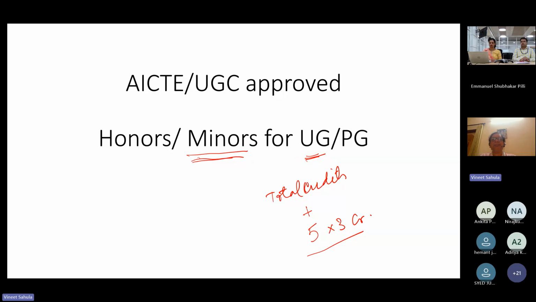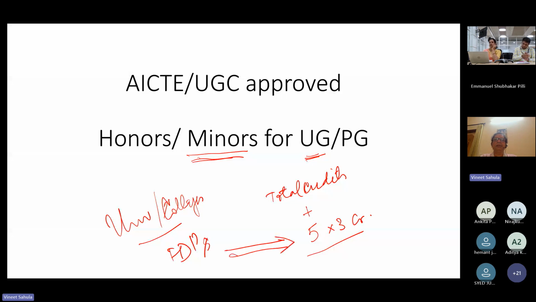Those minors have to be floated by respective universities and colleges. We understand that the major difficulty is in teaching those emerging area topics, and hence we are now offering FDPs covering those areas which are defined in minors by AICTE and UGC. So just have a look at that.